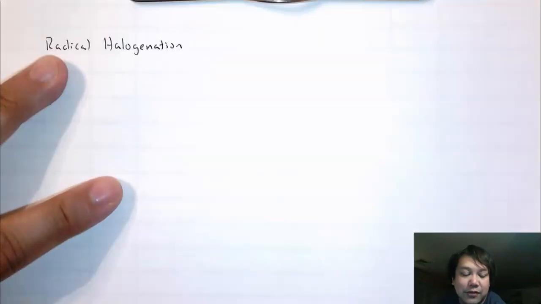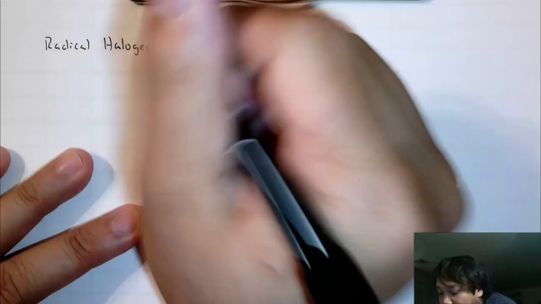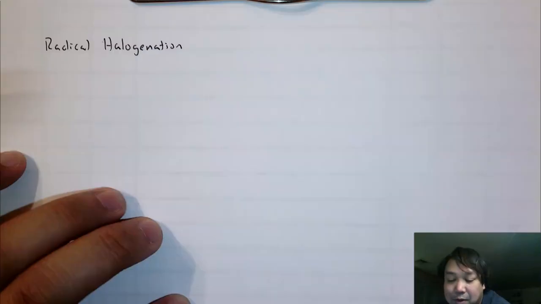Okay, on the cover sheet I said of an alkane, but that's only because I want to differentiate it from all of those alkene reactions that you have studied previously. So take a look at the type of alkane I'm using.